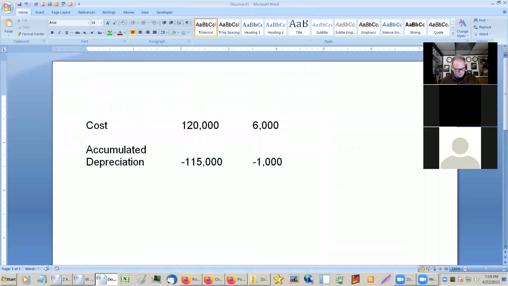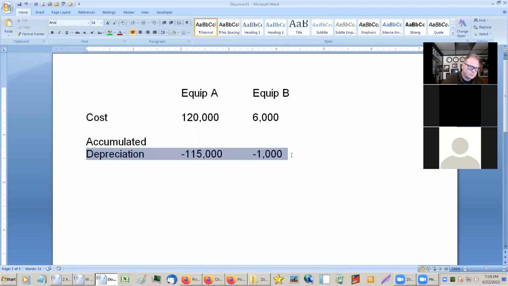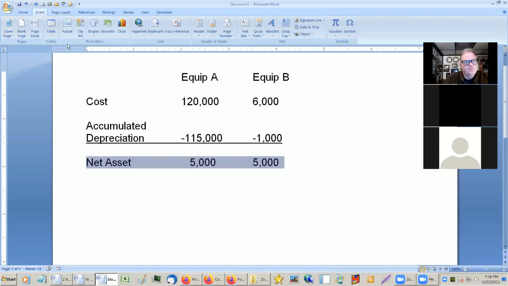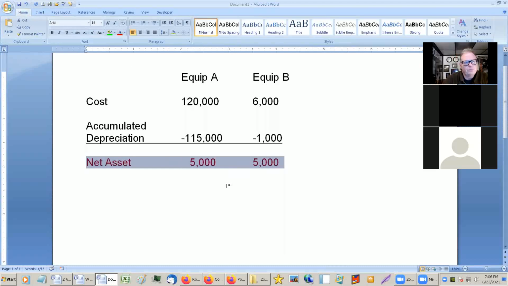Let's give these assets some catchy names, like equipment A and equipment B. They both have the same net asset value.